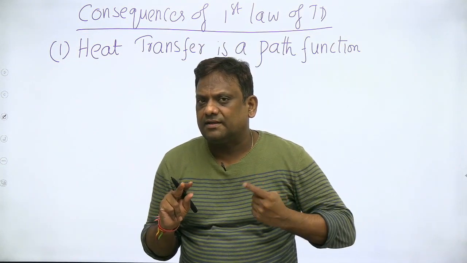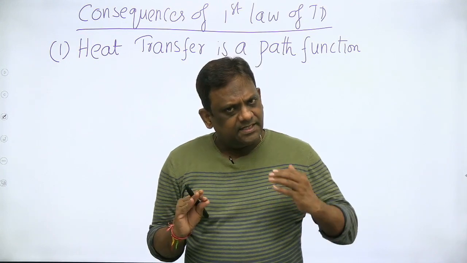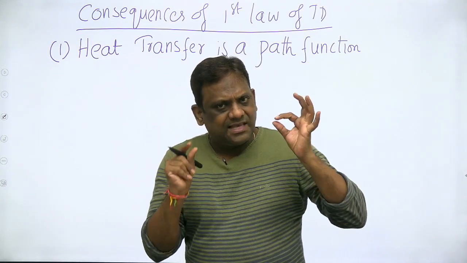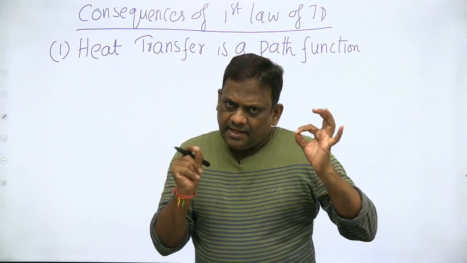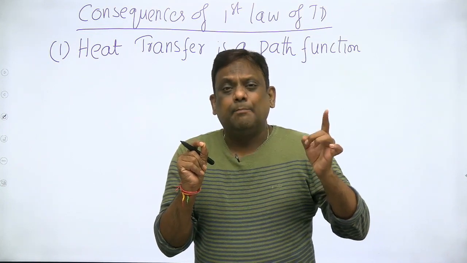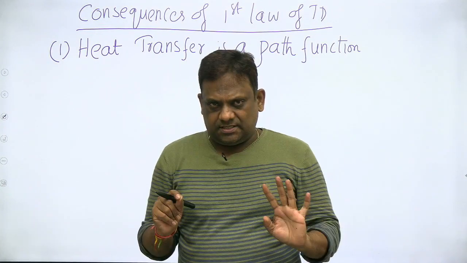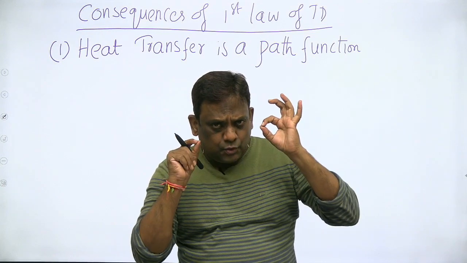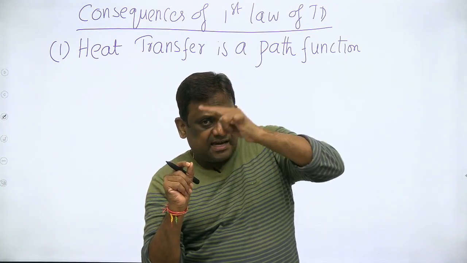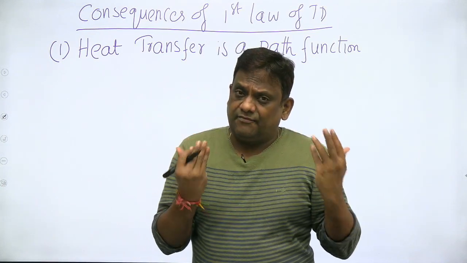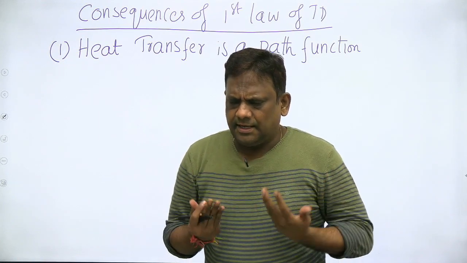What is that path function? Work transfer. It means that work transfer has nothing to do with endpoints. It depends only on the path followed by the process. Between two same points, if paths are different, my work transfers are different. All these we have seen earlier.